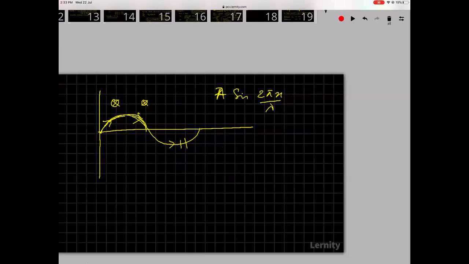So whether the wire is placed this way or this way, we have to understand what is going to be the impact. So now if I take a wire element here, the force will be in this direction. If I take a wire element here, the force will be in this direction. Okay, so we'll try to do some integration and then work.